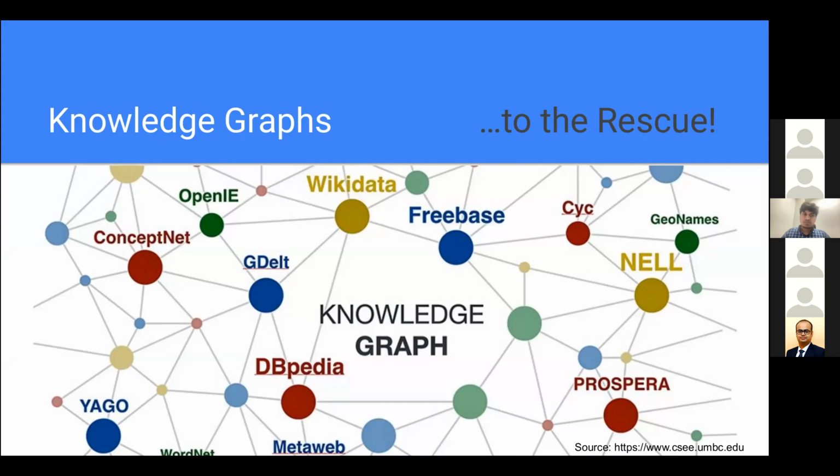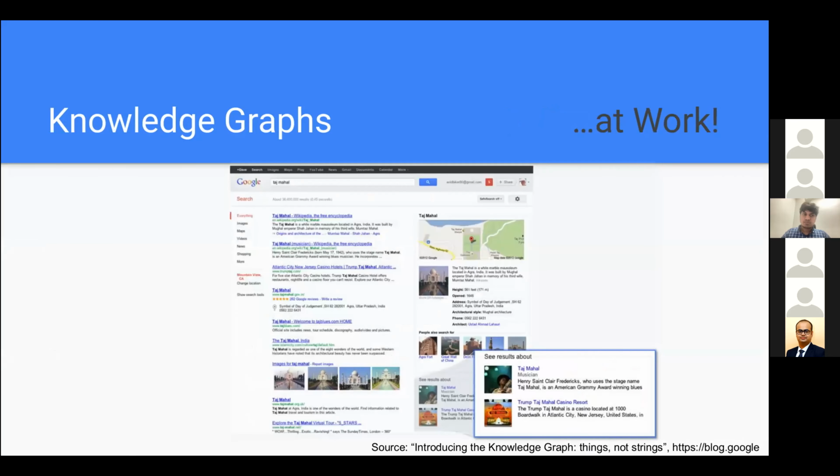Let's take a look at some of the applications through which we as researchers and the general public have been interacting with knowledge graphs so far. I'm sure most of you would have observed that Google search has been moving from depicting only search results on its web page to giving out more information about what the user is searching for.